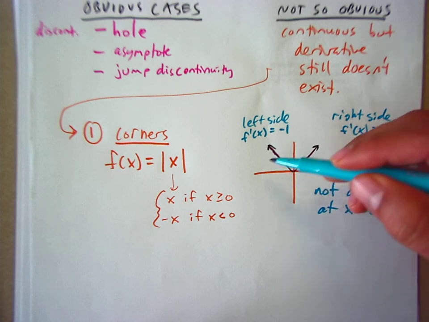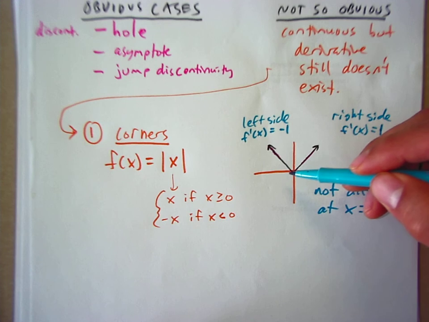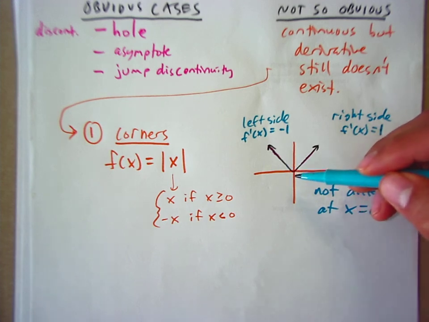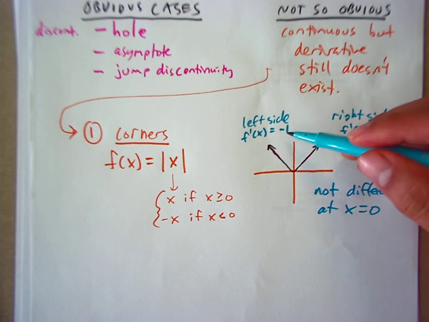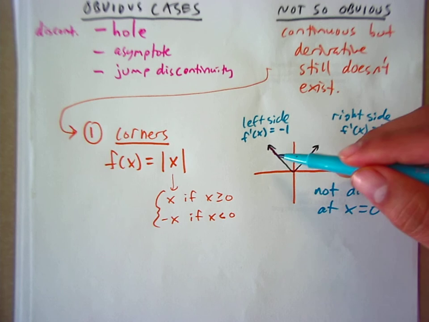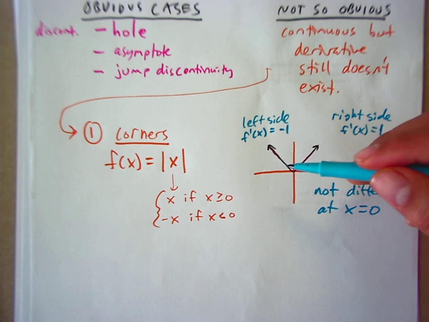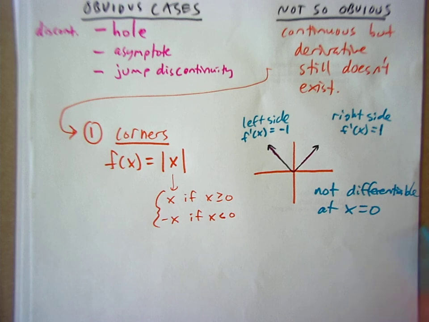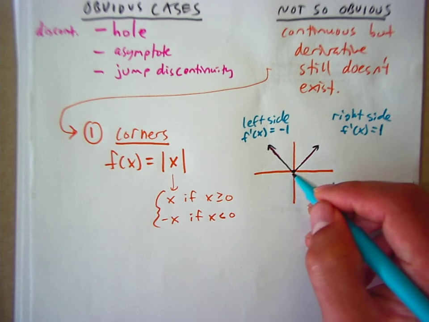Things need to gradually get there, or at least hit every value in order to get to 0. So for example, it cannot jump from -1 to +1 without hitting all the other values in between, right? And so for that reason, we have a point right here at x equals 0. It's not differentiable there because it does not make sense to find a tangent line there, okay?